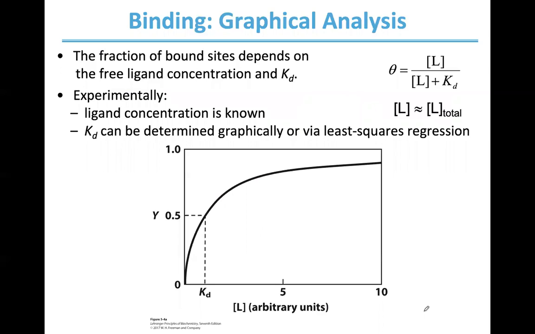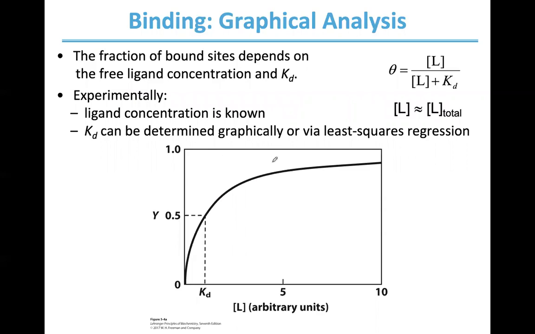So what does this tell us? Two things that it's telling me right away. One is that the maximum possible number for theta is 1. Makes sense. It's a fraction.